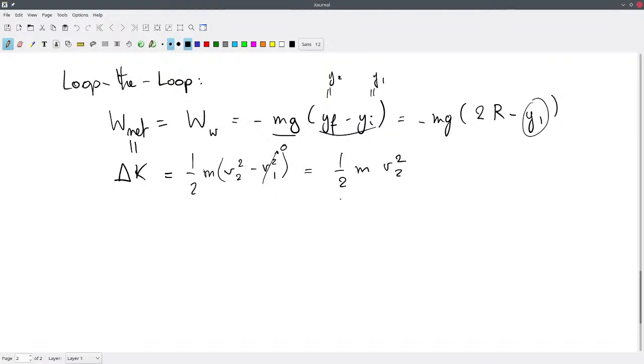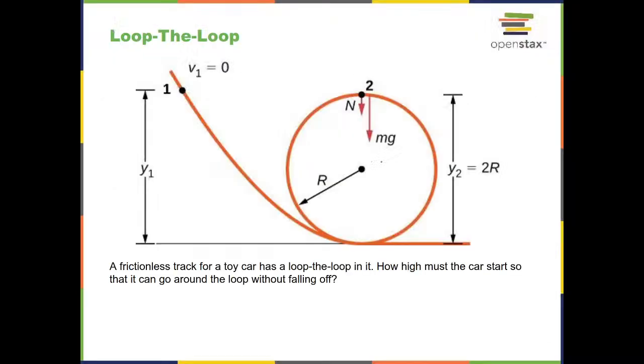We know that this is going to be equal to the kinetic energy at point 2. Can we calculate the velocity v2? Actually, we can. So let's think about how we calculate that velocity. We can relate it to the net force at the top and relate it to centripetal acceleration. There's going to be a centripetal acceleration at the top at point 2 here. That's related to the sum of the two forces acting on the marble there, the normal force and the weight.